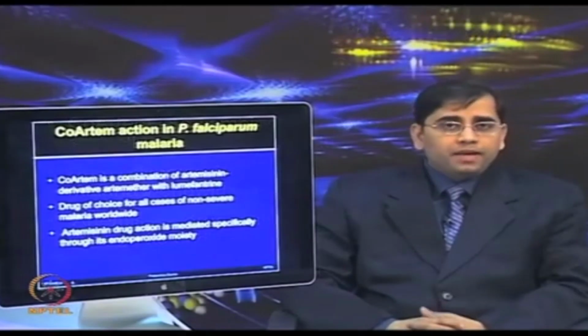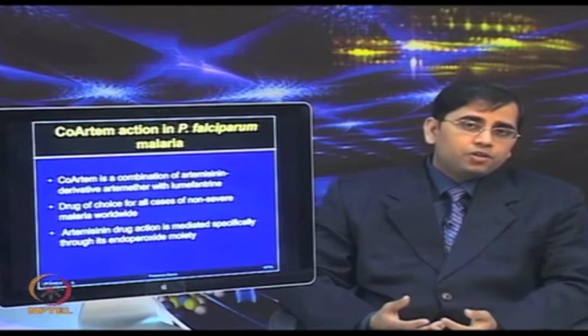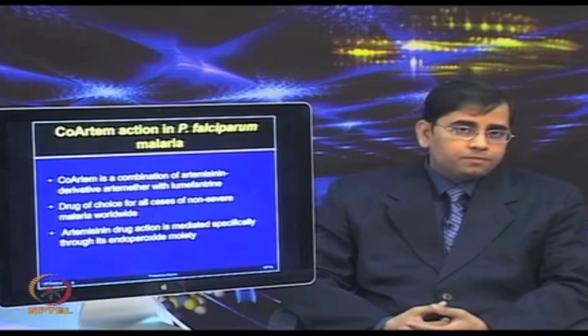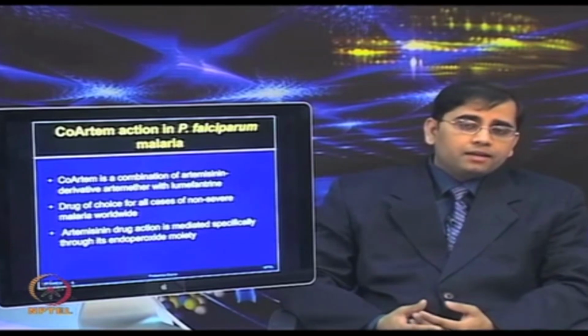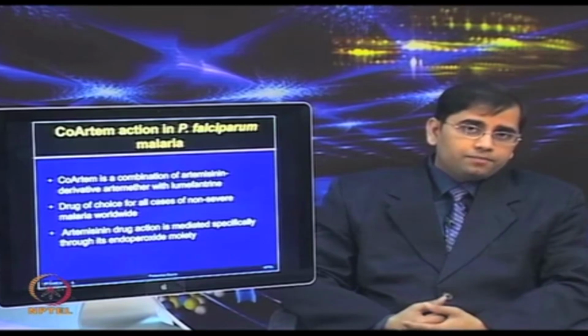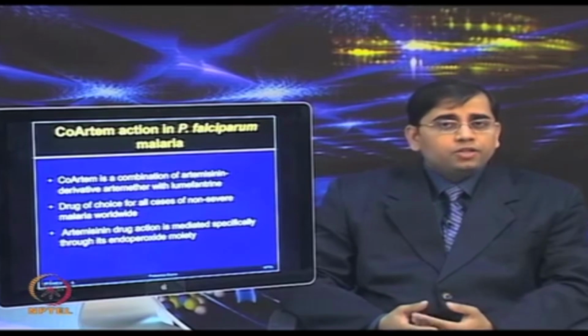How these two drugs behave and how the proteome changes occur due to the action of these two drugs were studied in this paper. So, the authors applied proteomic approaches, the two-dimensional electrophoresis, to study the proteomic alteration of each of these drugs.